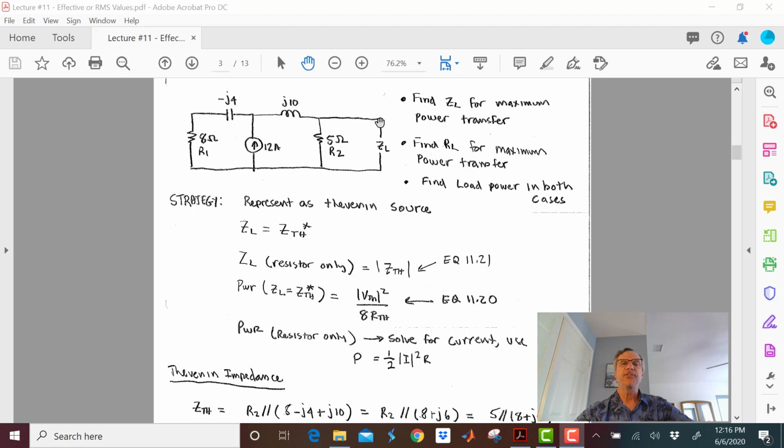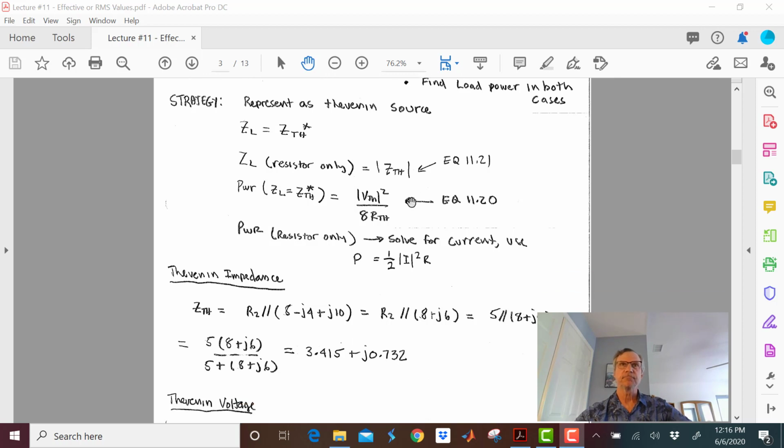And so what do I see looking in? I see 5 ohms in parallel with this clump of stuff. I see 5 ohms in parallel with this plus this plus this. And J10 minus J4 is going to be J6. So remember, current source isn't here. So really, I have 5 ohms in parallel with J6 plus 8.